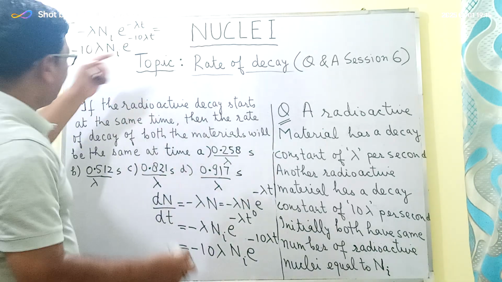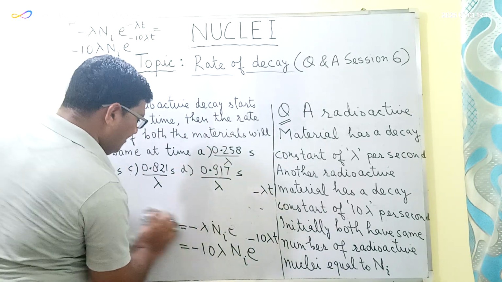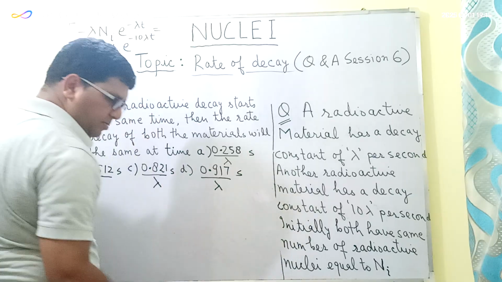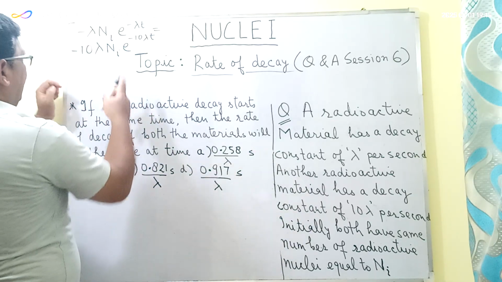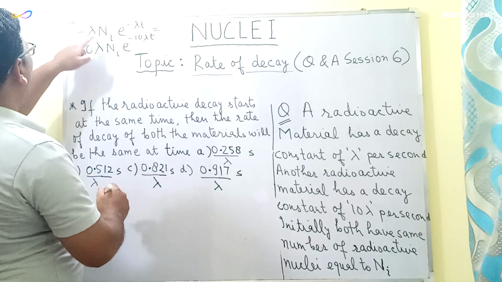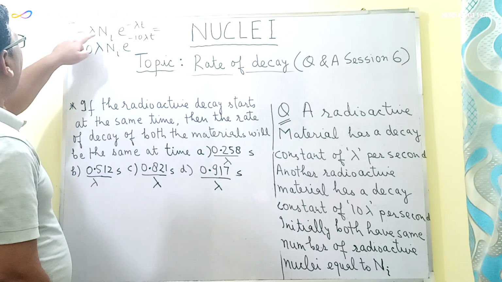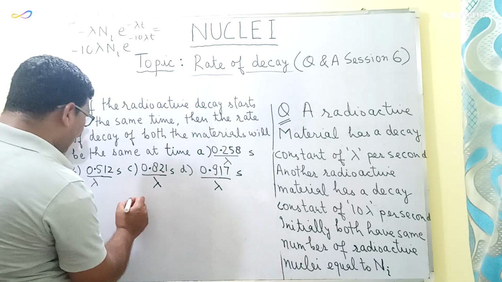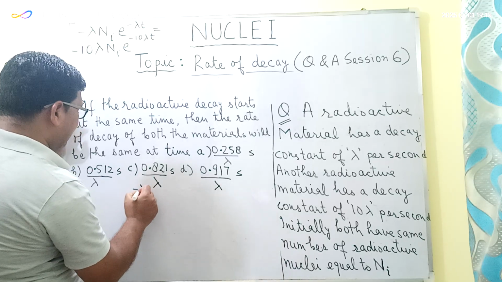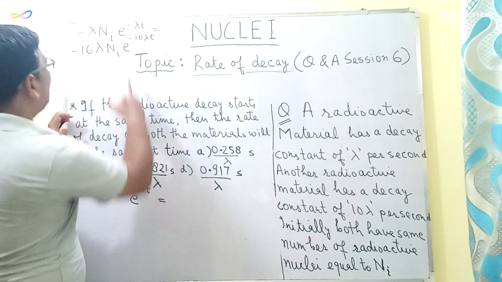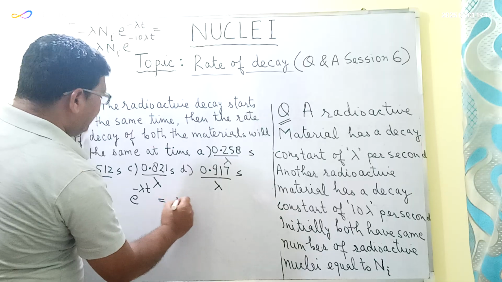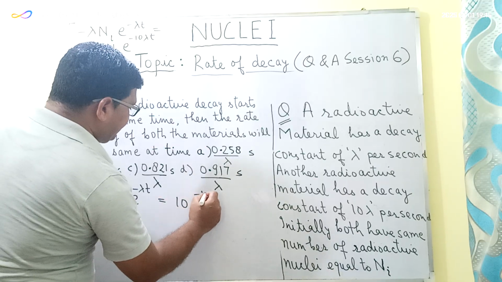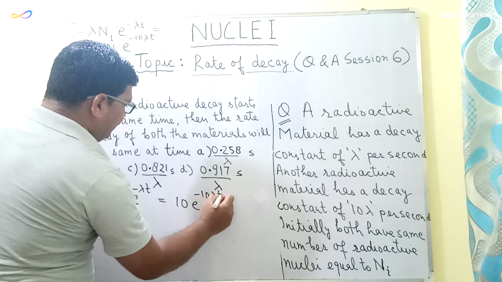From this equation, minus lambda Ni will get cancelled on both sides of the equation. So I will be left with e to the power minus lambda t equal to 10 e to the power minus 10 lambda t.